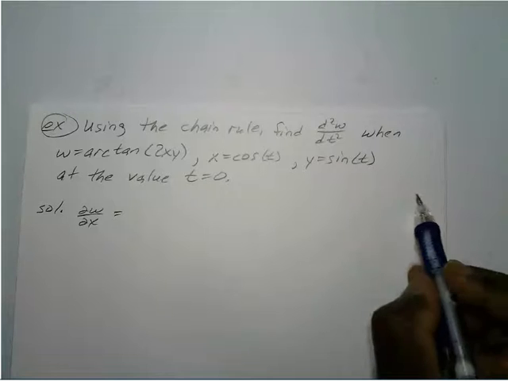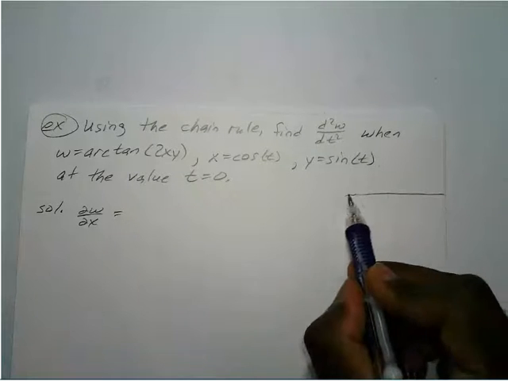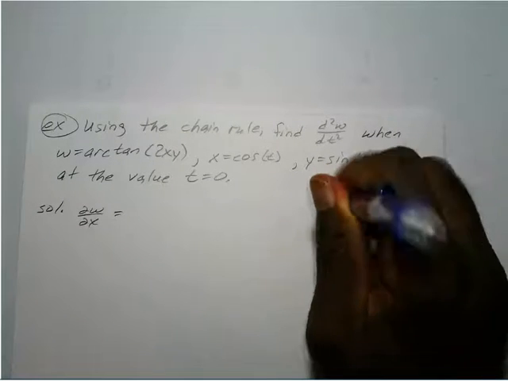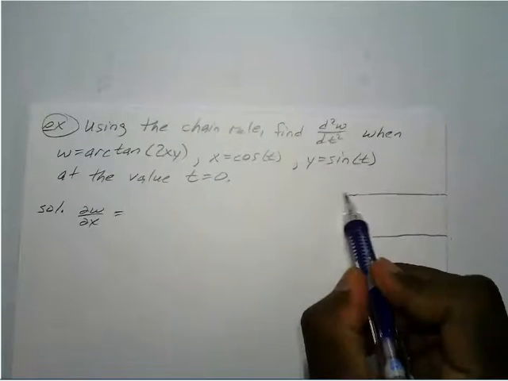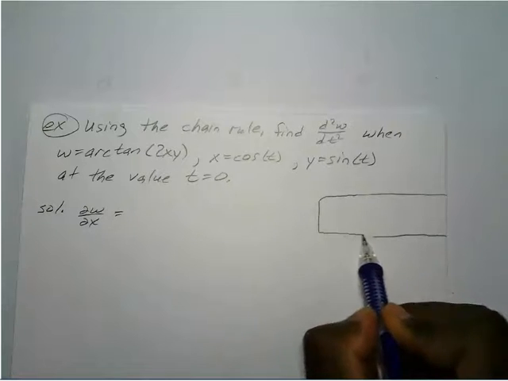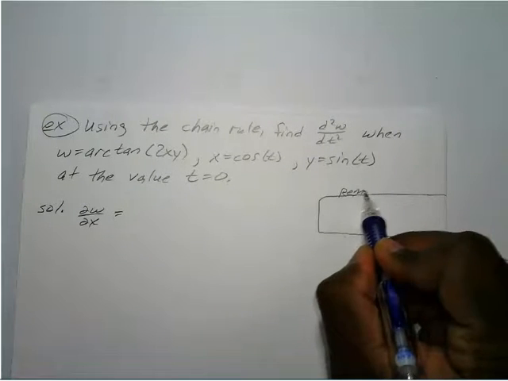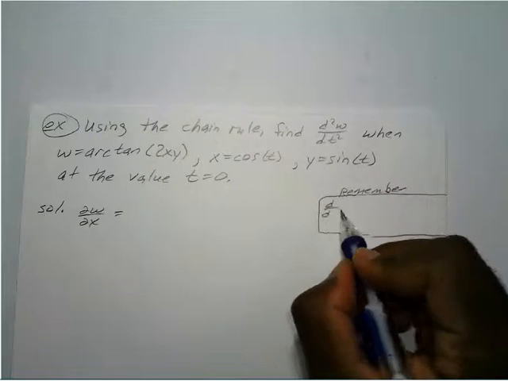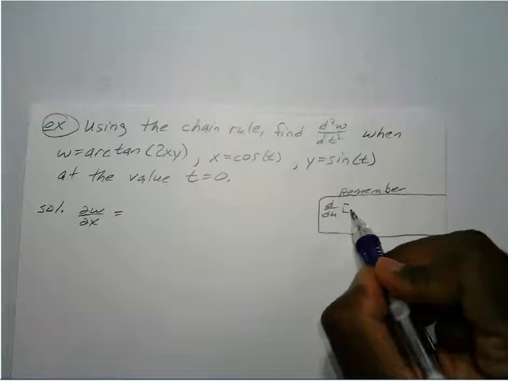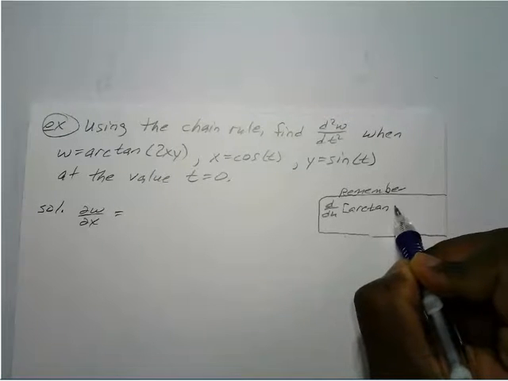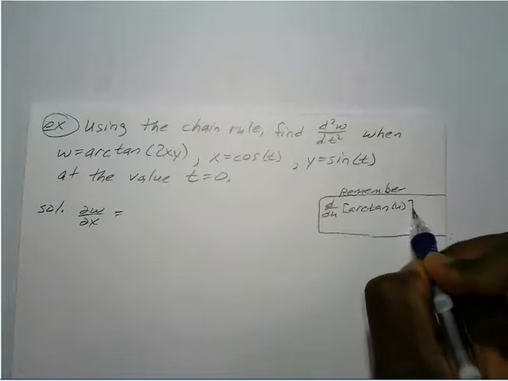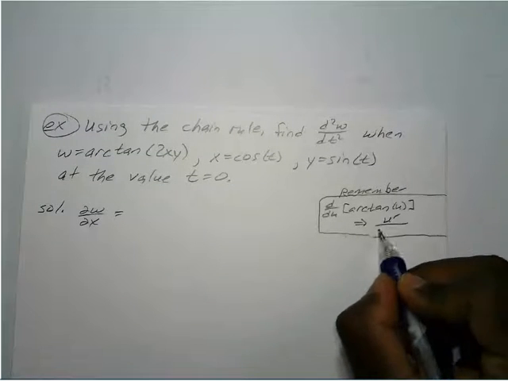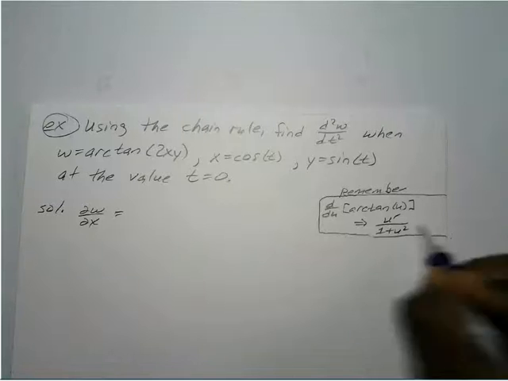Okay, so in this case, just a little bit of a reminder: the derivative of arctangent of u is equal to u prime over 1 plus u squared.